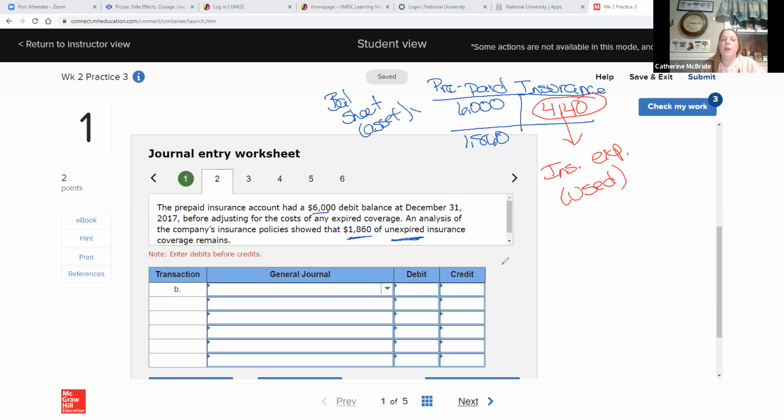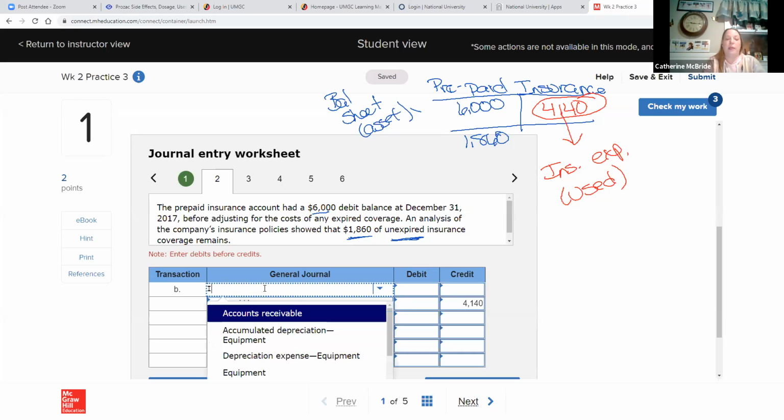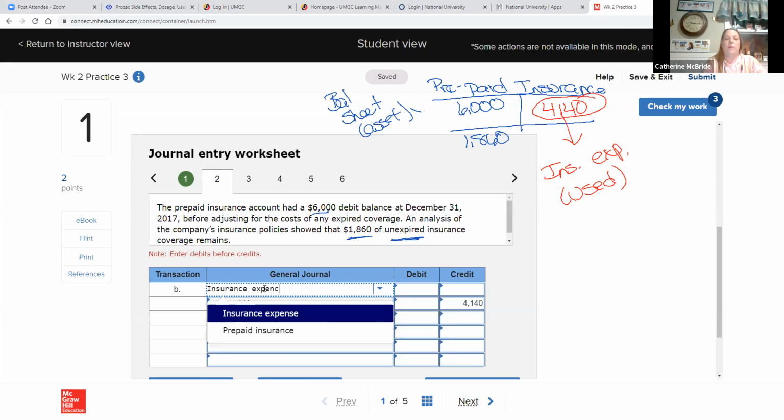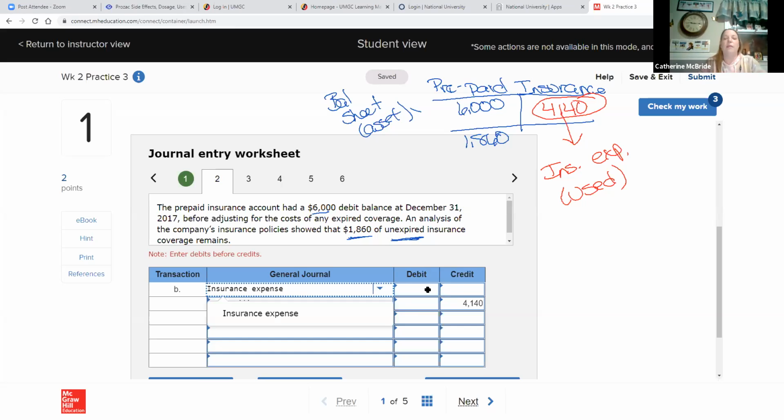So here we know that we're going to have to credit prepaid insurance, because we can see that in the T account. And we're recording insurance expense, which we already identified. We're increasing an expense, so we're going to debit it.